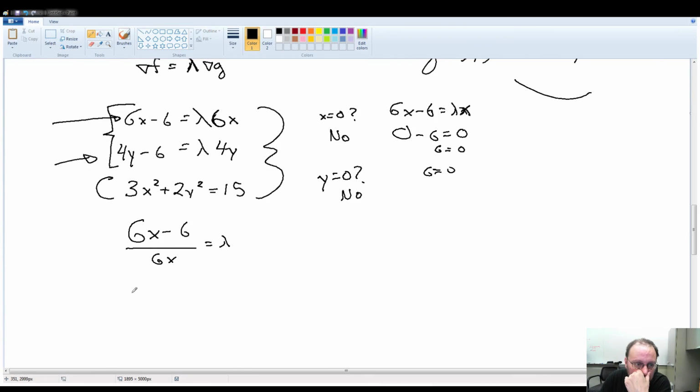And I can do the same for the second equation. Divide by 4y, and I'll simplify here as well.